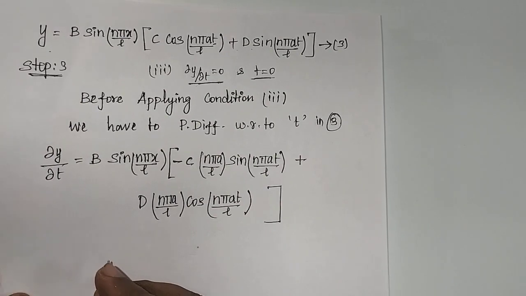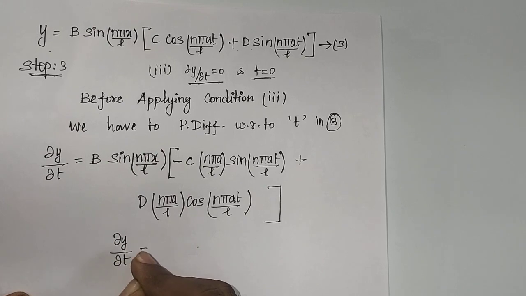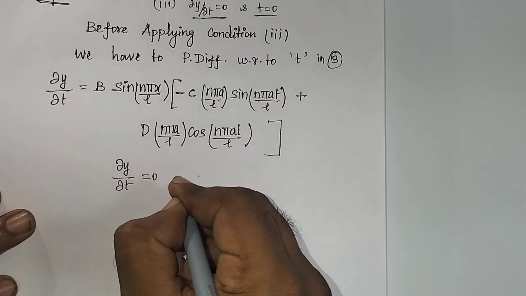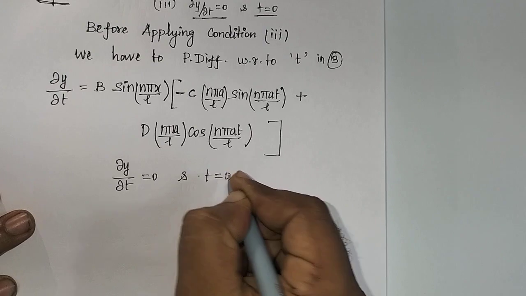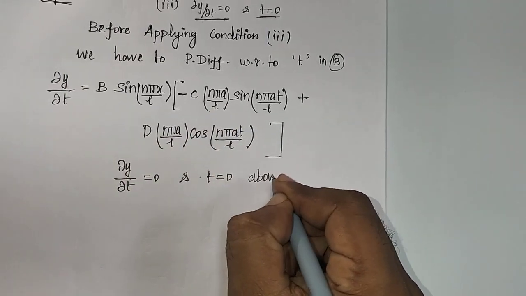So now I am going to apply condition 3, that is dou y by dou t equal to 0 at t equal to 0. I am going to substitute it in the above equation.